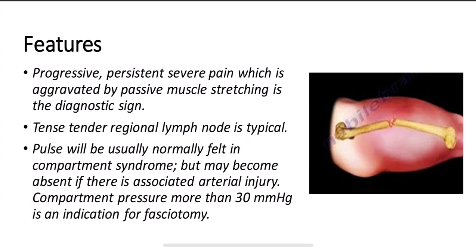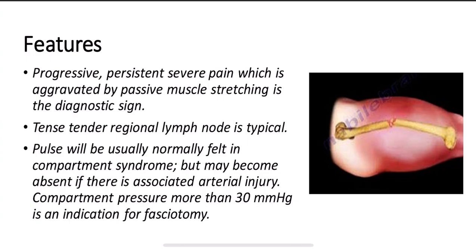Pulse will usually be normally felt in compartment syndrome, but it may become absent if it is associated with arterial injury. Unless there is arterial injury, the pulse will be normal, like we discussed in the previous slide. But if there is an injury which is cutting the arteries along with the muscles, then the pulse might be obliterated.